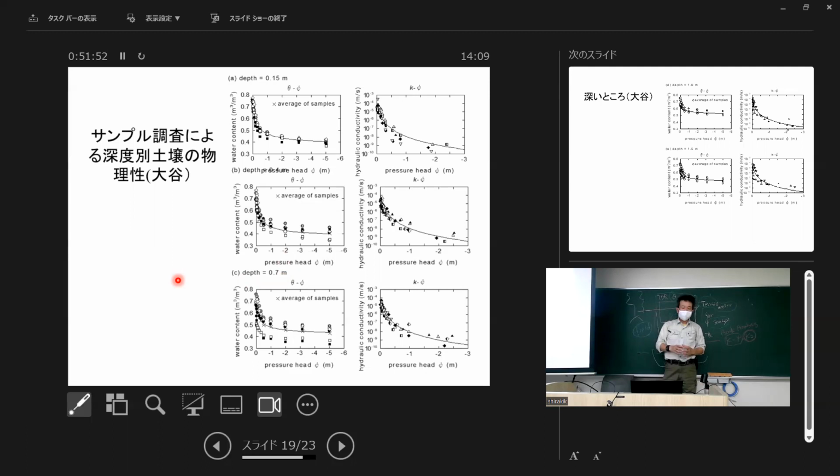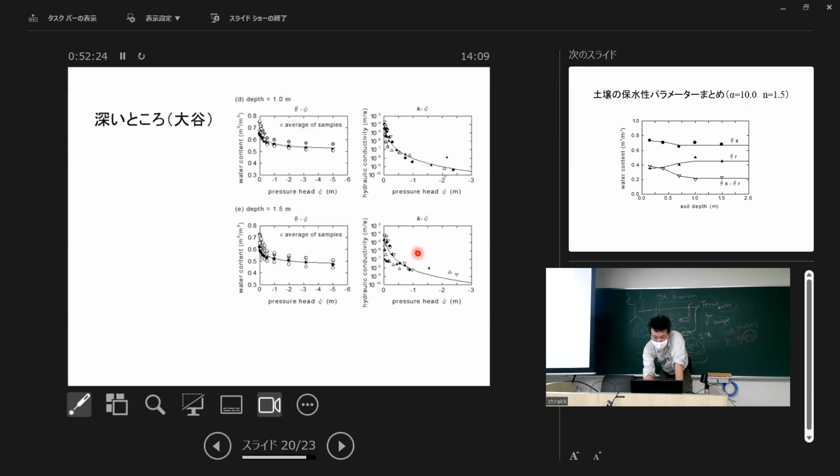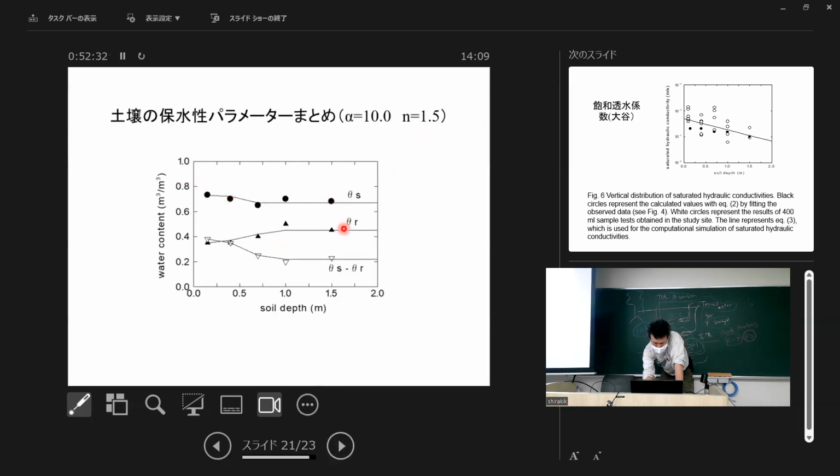Surely this data was taken by Shinomiya-san, who is now at FFPRI Shikoku and is an alumnus here. Shinomiya-san carefully took theta psi and k psi with the 100cc sampler, same as before, at depths like 0.15, 0.7, 1.0 and 1.5. In summary, there are theta S and theta R, and both become smaller as the soil gets deeper. You can see that theta S minus theta R decreases when the soil depth is deeper.